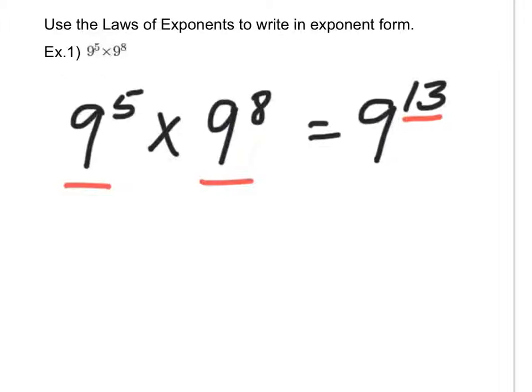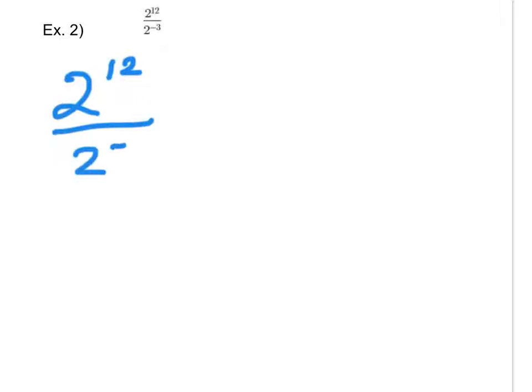Okay, next one. So we'll do 2 to the 12 over 2 to the minus 3. Okay, so in this case, because it's division, we subtract the exponents.